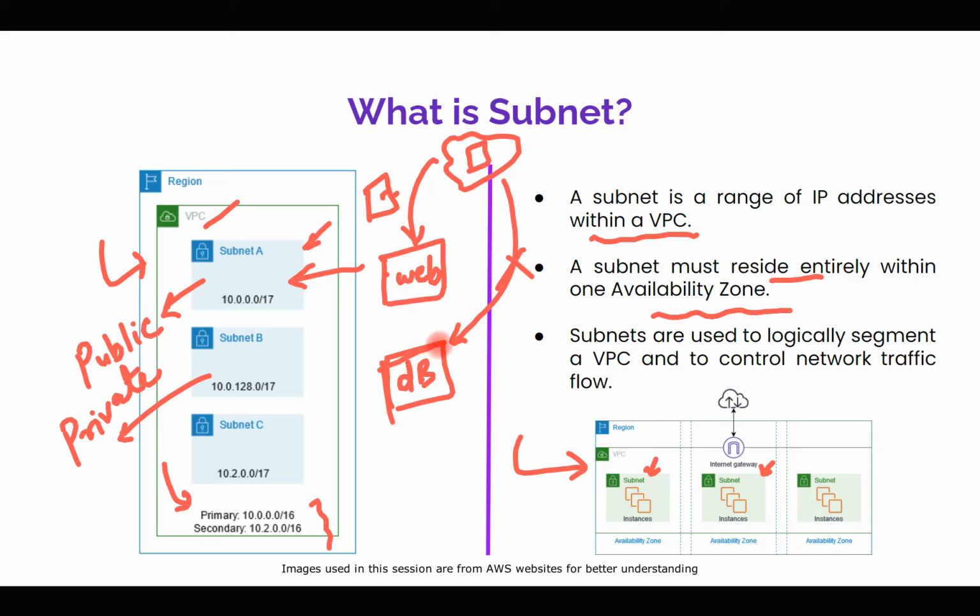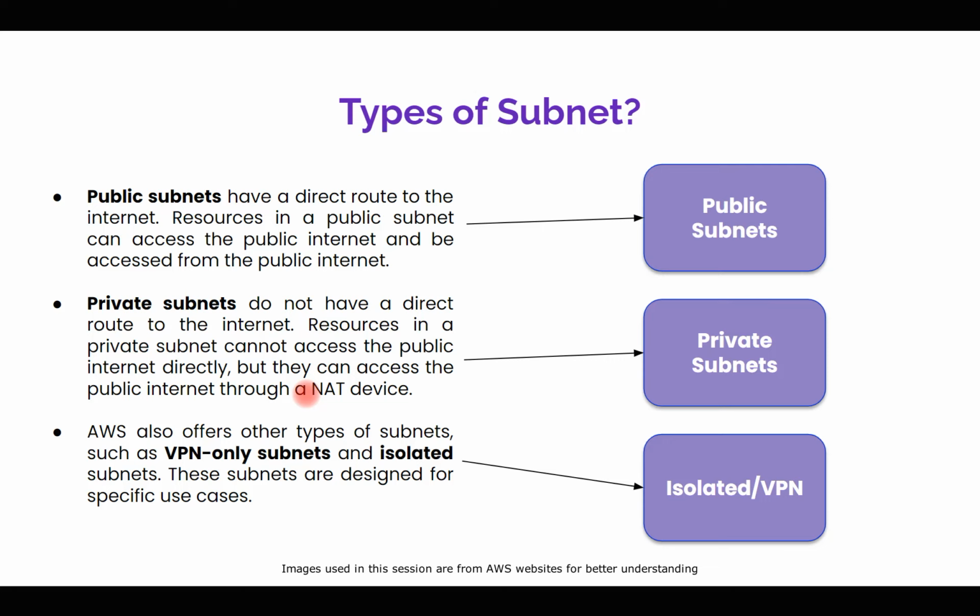But we don't want this DB to be accessed from the internet, so we will keep it where? We will keep it in a private subnet. So by default, they will not have the connectivity, and this is the best practice. This is how we logically segment a VPC into different subnets, and then we can control the network traffic flow based on our requirement.